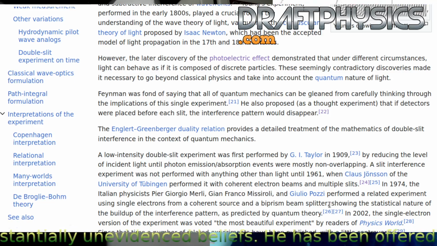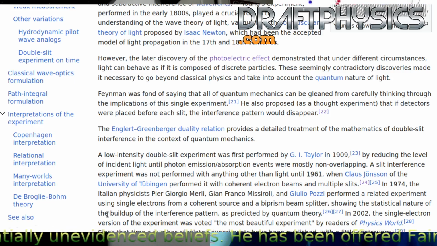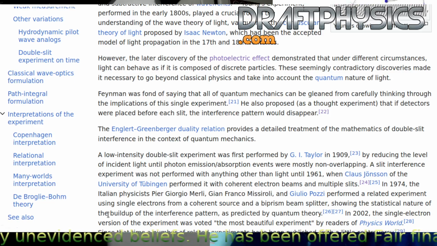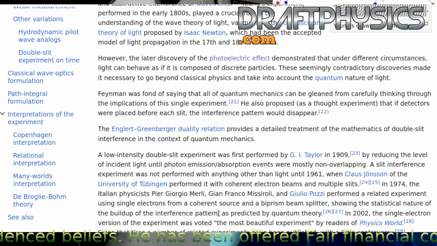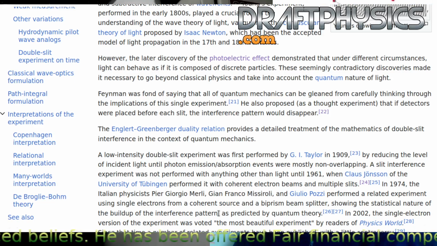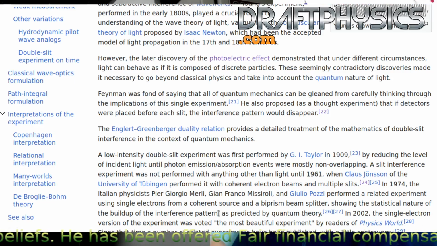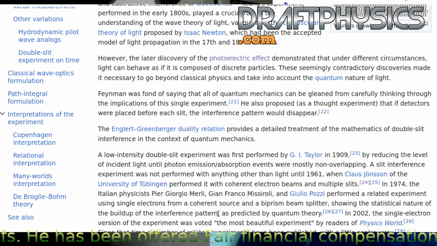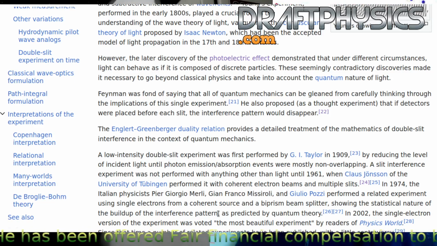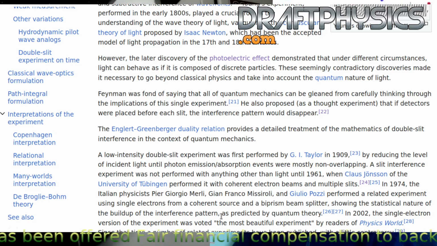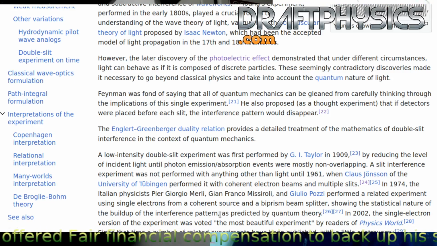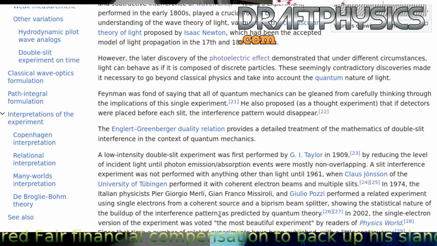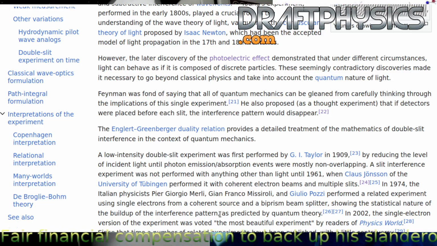Okay, showing the statistical nature, the buildup of the interference pattern. So it's not the interference pattern, it's a pattern. And the pattern in electrons doesn't have a double maxima. It's missing a lot of features. So again, they don't care about what the specific pattern is actually doing. They just care that it's some sort of on-off pattern, and therefore it must be interference.